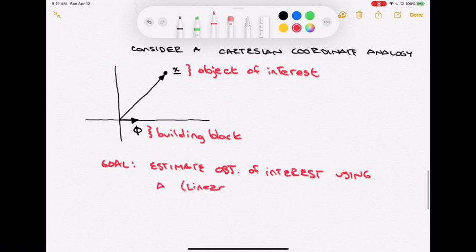I'll put that parenthetical, a linear combo. It's going to seem like a strange linear combo because I've only got one piece right now. A linear combination of building blocks, my phis, if you will. I've only got one building block in this case.